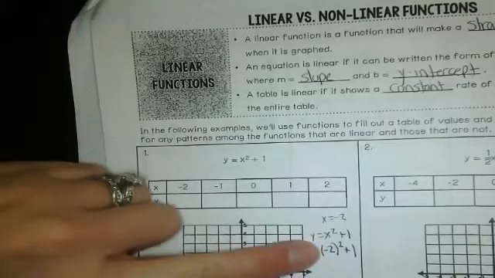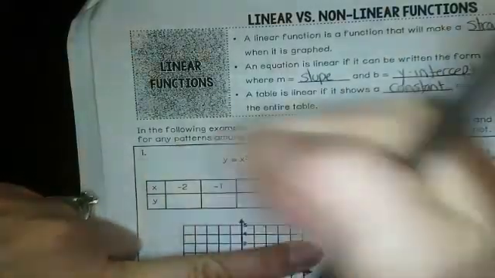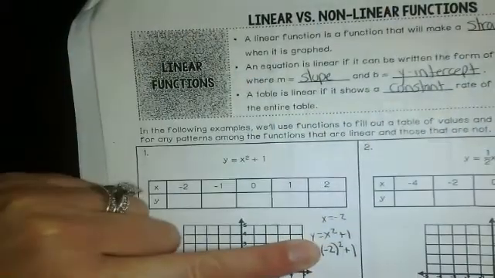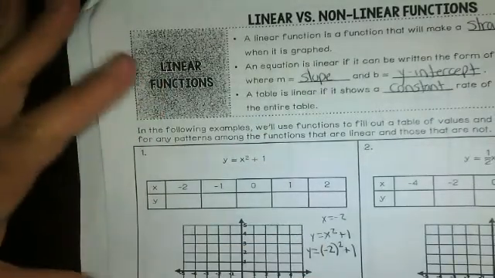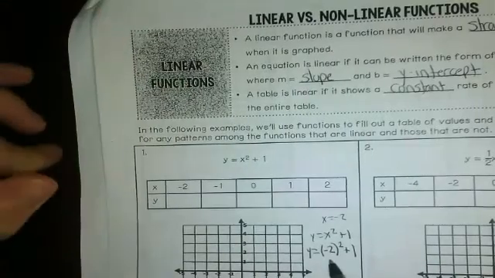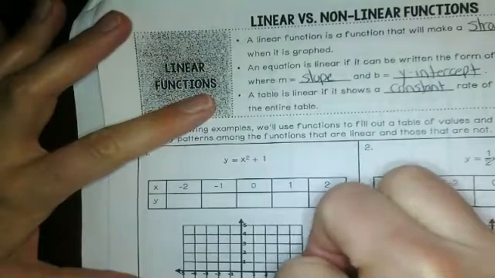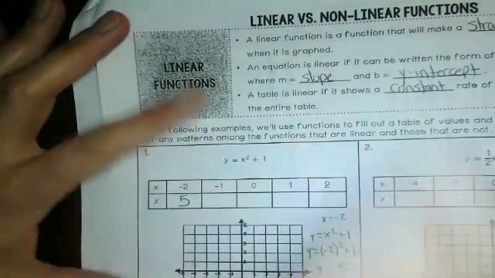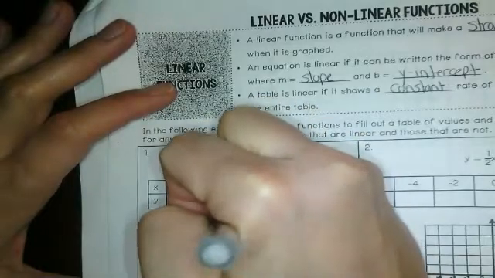When you put this in your calculator, if you do not use the parentheses, you are going to get the wrong answer. It's so important. Some of you are going to do it in your head and then you're safer. But -2 squared is -2 times -2, which is 4. And 4 plus 1 is 5. Okay, so -2, 5. I have one ordered pair, plotted here.